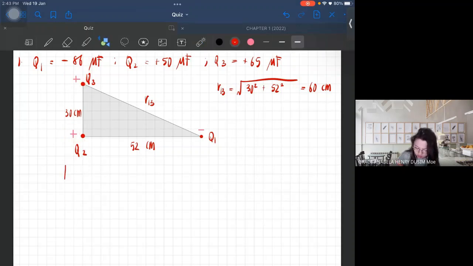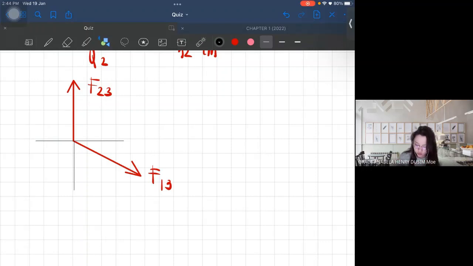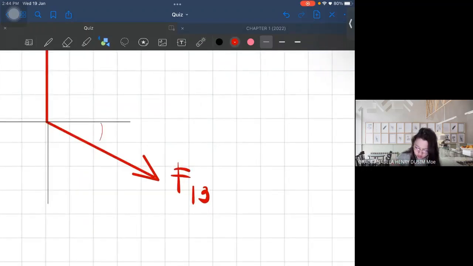For Q1 and Q3, one is positive and one is negative, so they have an attractive force. It's going to be something like this: force by 2 on 3, force by 1 on 3. Now it has X and Y components, so we have to know the angle here.